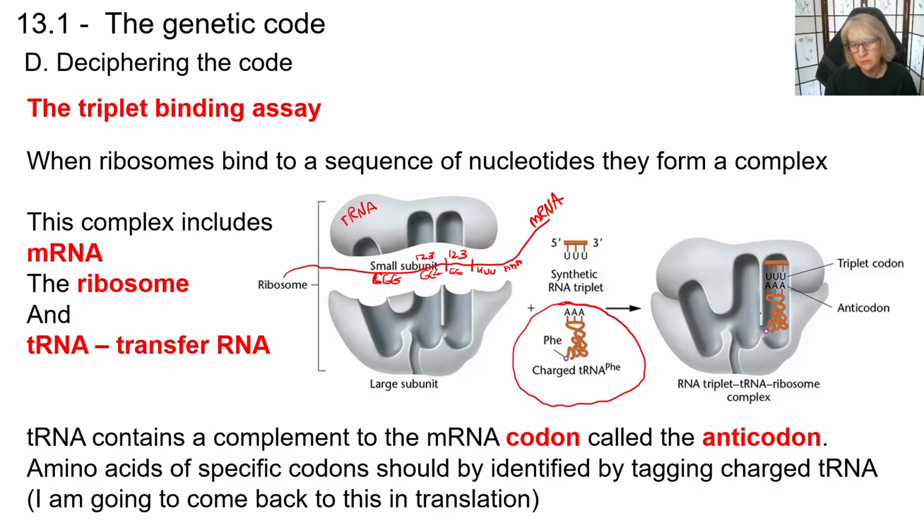tRNA molecules enter into the ribosome, and they form a complementary hydrogen bond with a triplet code on the mRNA. So if the mRNA's code reads UUU, the corresponding tRNA, I'm going to just make it T-shaped, the corresponding tRNA that matches with an complementary set of RNA nucleotides.